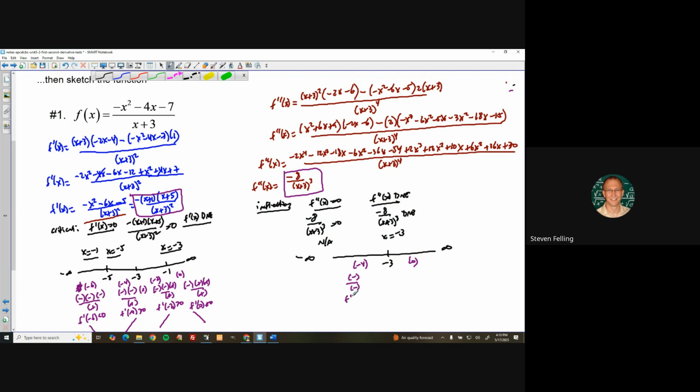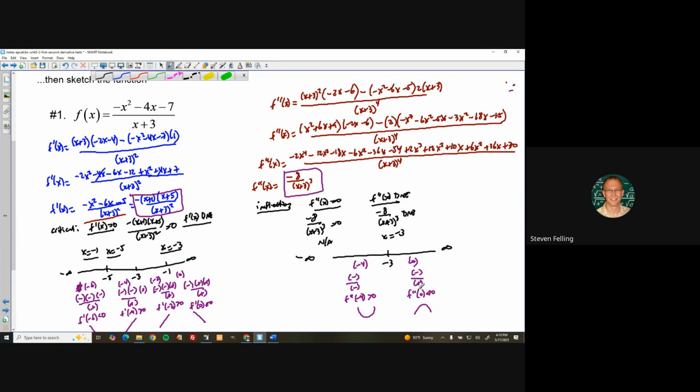So the second derivative at negative 4 is positive, which means concave up. Right? And if we do the same thing with 0 plugged in, we have a negative on the top, and 0 plus 3 is a positive cubed on the bottom. So f double prime at 0 is less than 0, so that's concave down. Okay, now that gives me a lot of information about the curve shape.